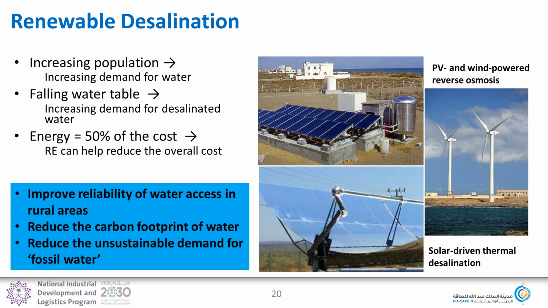Initially, we think that the opportunities are mostly in off-grid and smaller systems, and we believe there's a lot of places that are sort of outside of the water network and have a need for desalinated water where smallish systems could be done.